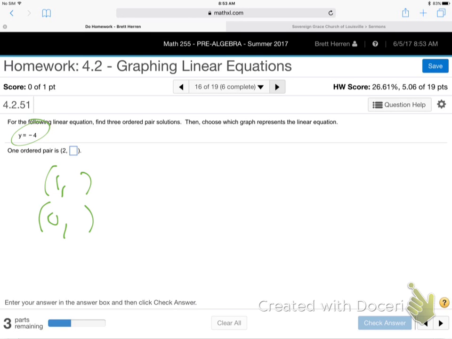All right, so what do I do with y equals -4? I put in -4 for the y value. We have x and then y. I just keep putting in -4 for the y value. Go to the graph. Put those 3 dots on the graph.